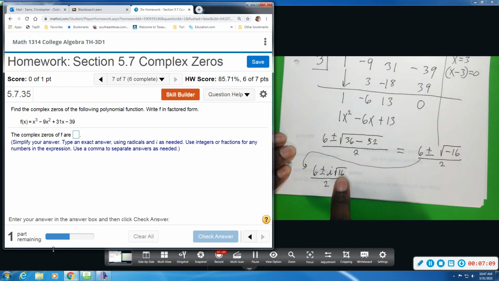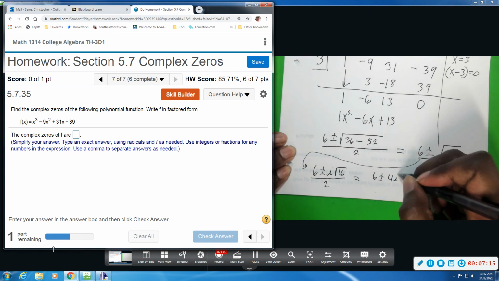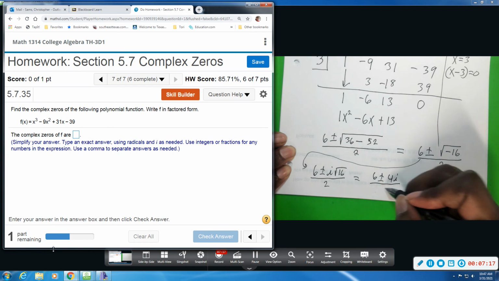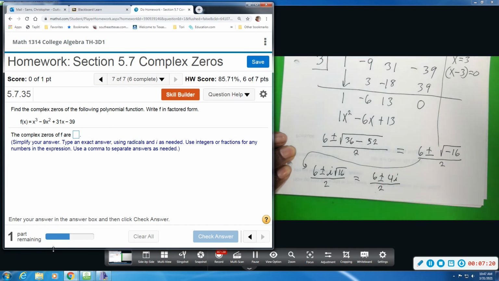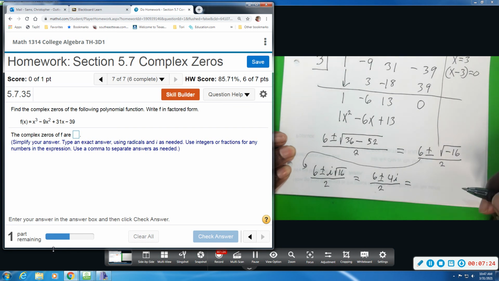The square root of 16 is equal to 4, so we get 6 plus or minus 4i divided by 2. And then we can divide each of these by 2. And that gives us 3 plus or minus 2i.